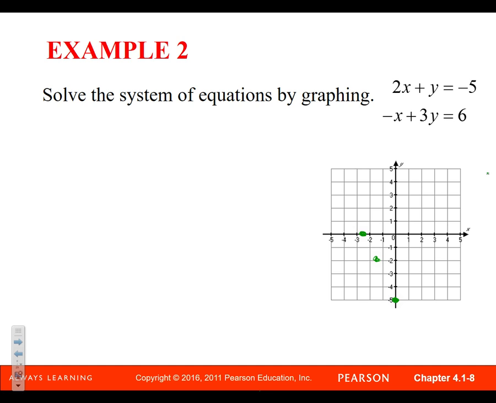Why is it not working? Do it again. If x is 0, y is negative 5, which is there, yeah? So what's our slope? It's negative 2 over 1, right? So down 2 over 1.